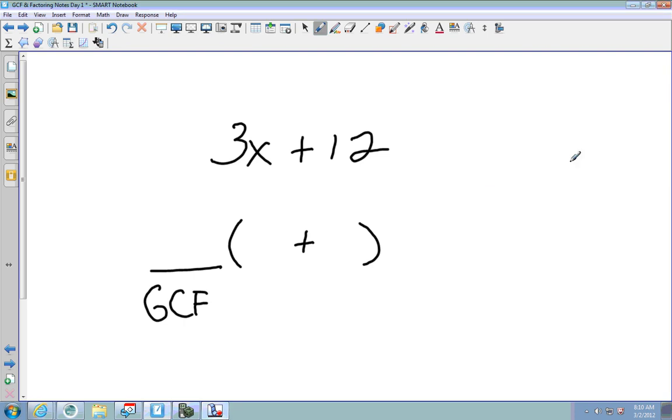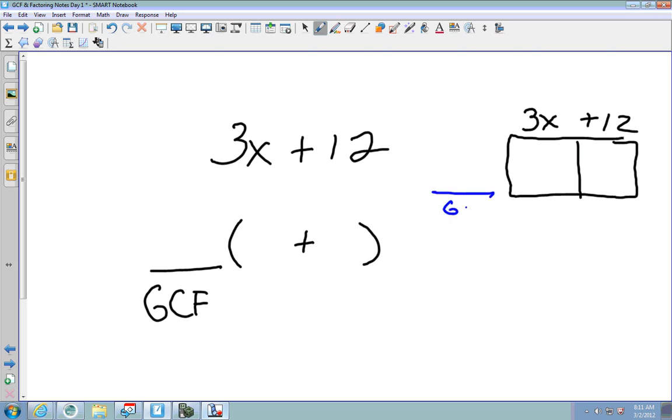Okay, now, here's one way I can do this. I'm going to match it up with the box. I have 3x plus 12. And out here, this is going to be my GCF. Okay, what is my greatest common factor in these two terms?